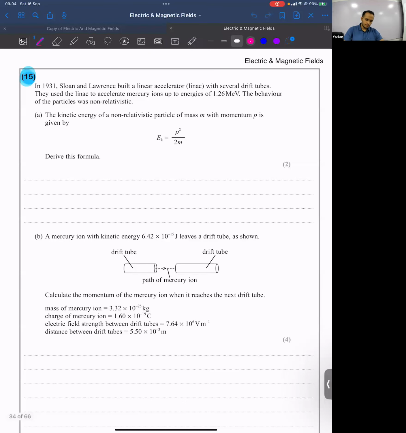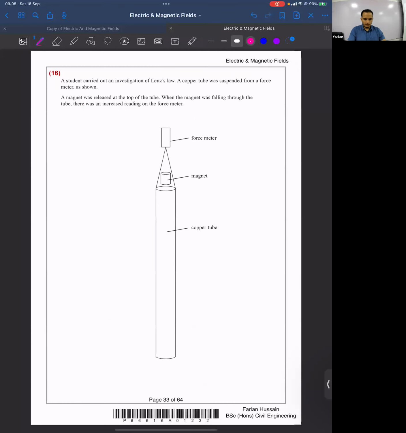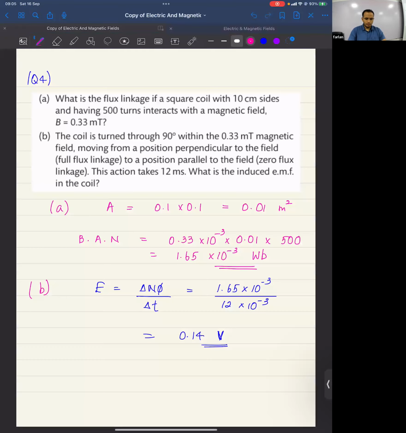They used LINAC 2. We'll do this question later. Have you done this already? We'll come back to this. Right, on to the next topic.